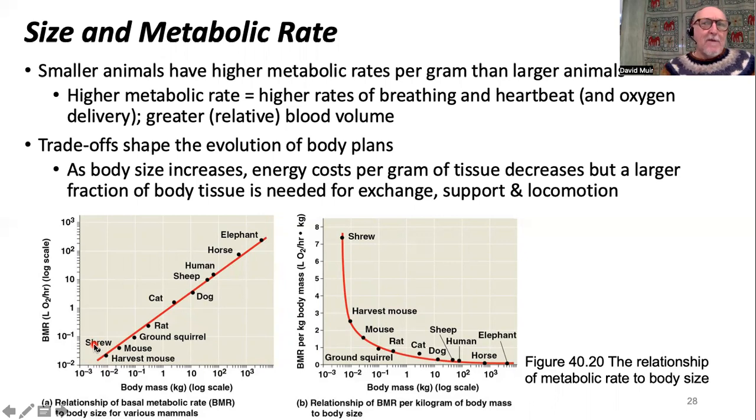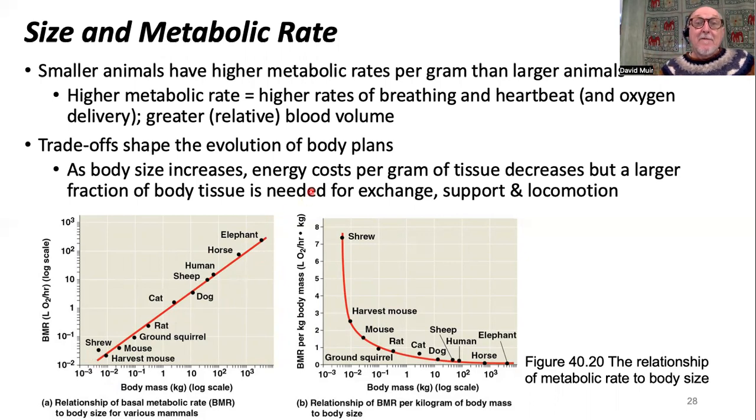The way to think about this is the shrew and the elephant are made up of cells, right? There are far more in the elephant than there are in the shrew. They're about the same size, each cell. And each cell's demands, shown here, are about the same.